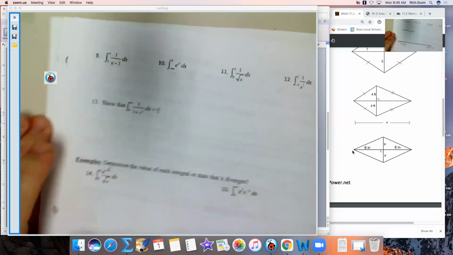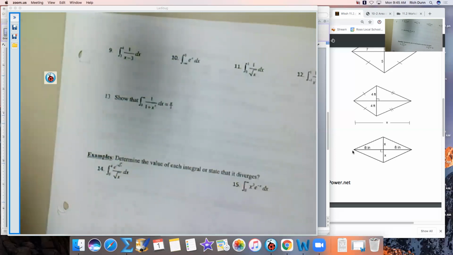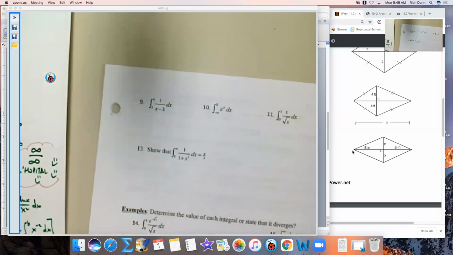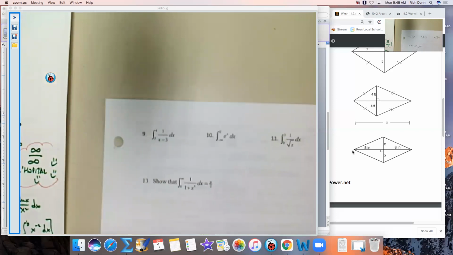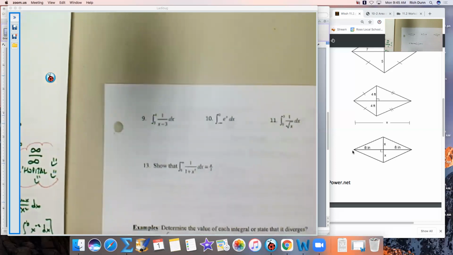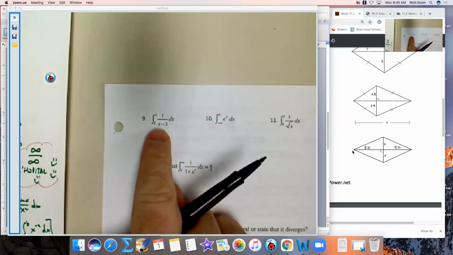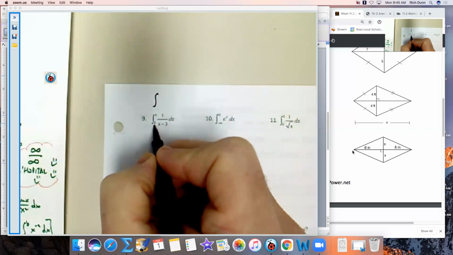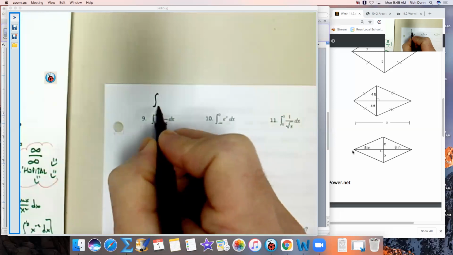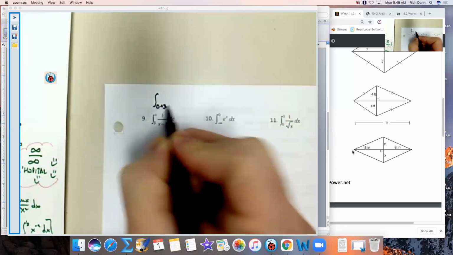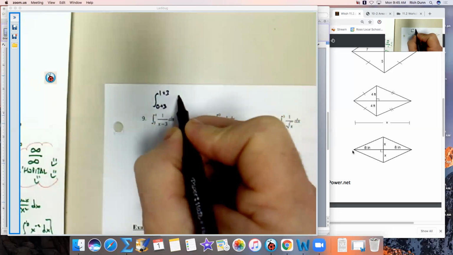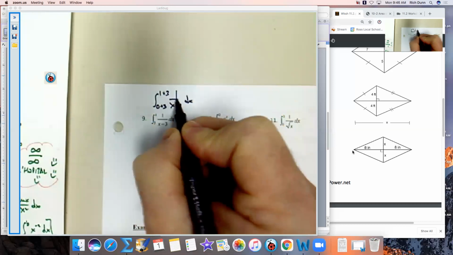Let's take a look at a couple more examples. In the next one, you'll see that we've got a 1 over x minus 3. And what I'd prefer to do on this one is to think of this as that shift. So if I think of this as my lower bound 3, I can think of that as 0 plus 3, and the upper limit as 1 plus 3, 1 over x minus 3 dx.